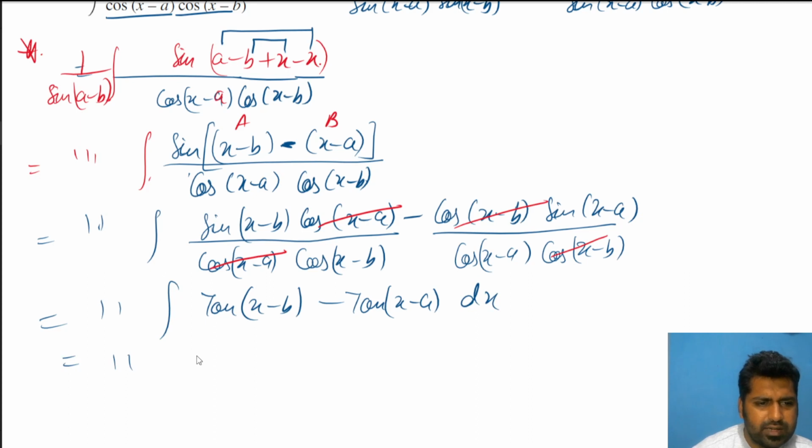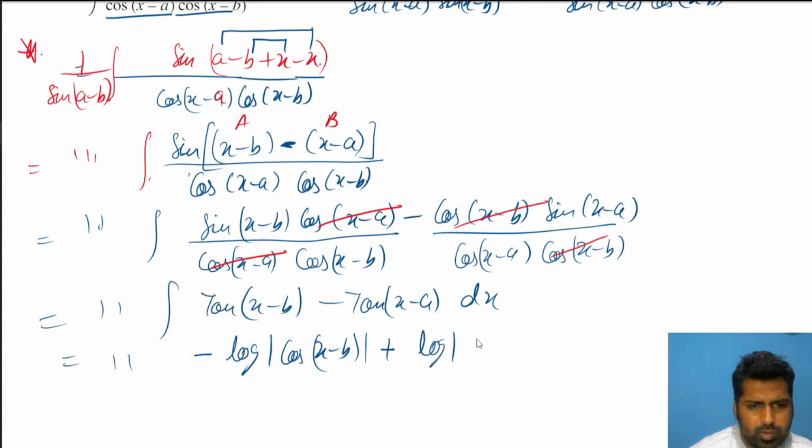So what is integration of tan? Minus log mod cos(x minus b). And this is another negative, negative of negative, positive log mod cos(x minus a) plus c.